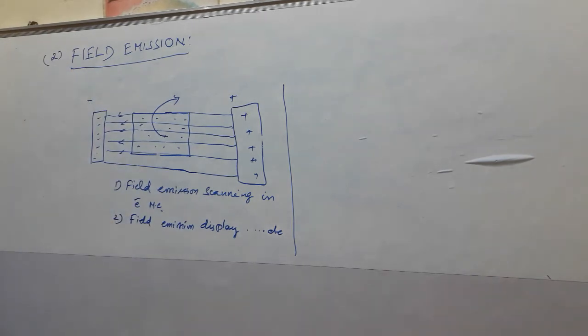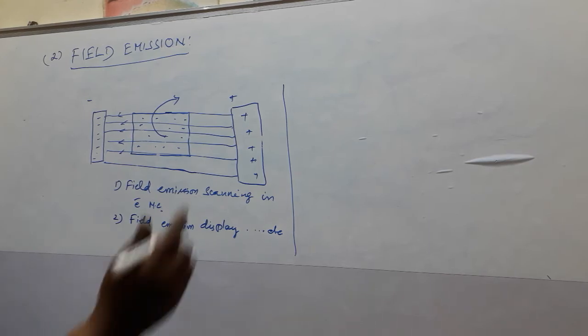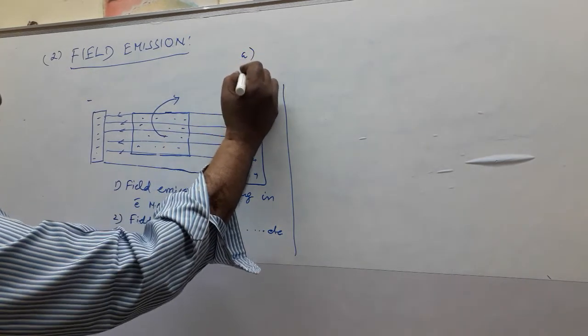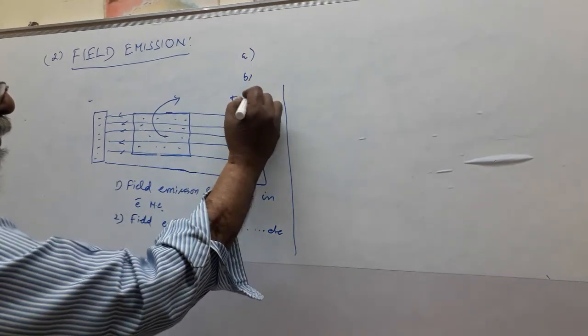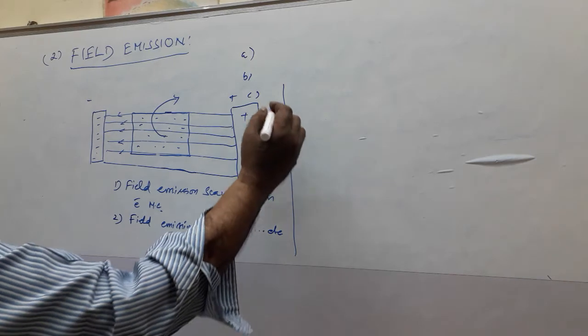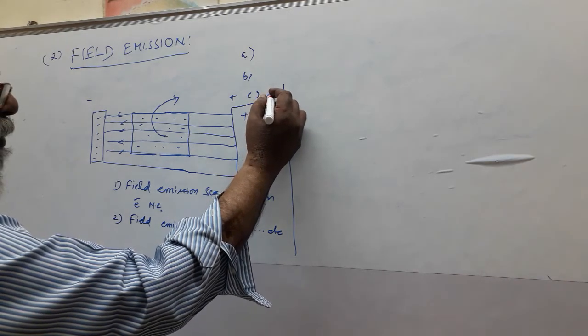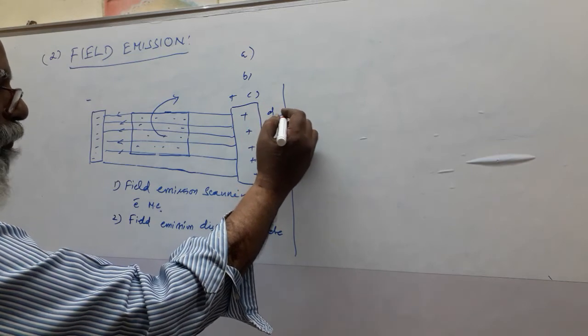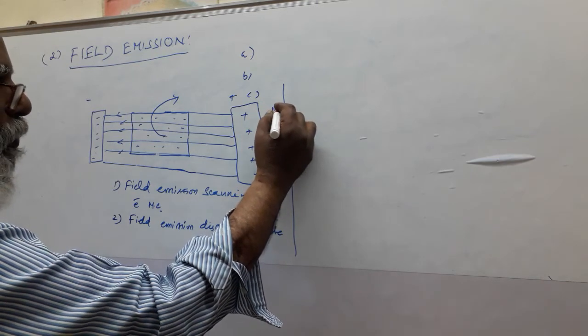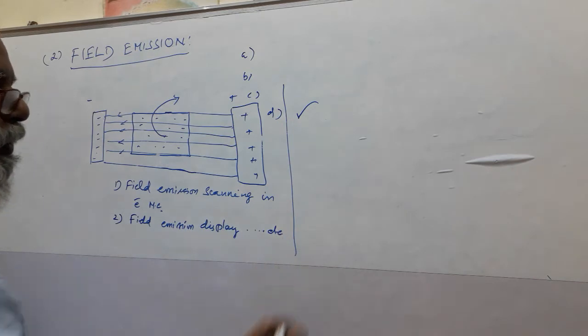Why am I giving each and every line and every concept from your textbook? It may be asked in a one-mark question. Which is an example for field emission? A. Thermionic emission. B. Photoelectric effect. C. Electromagnetic radiation. D. Field emission scanning in microscope. So the fourth one is correct.